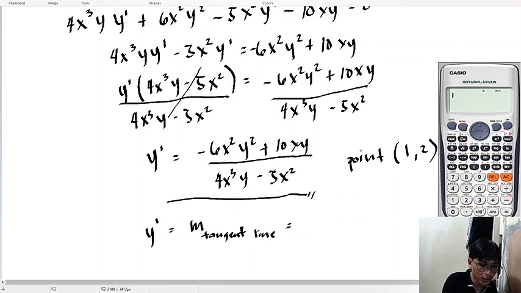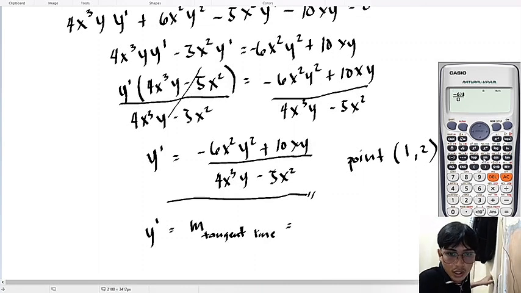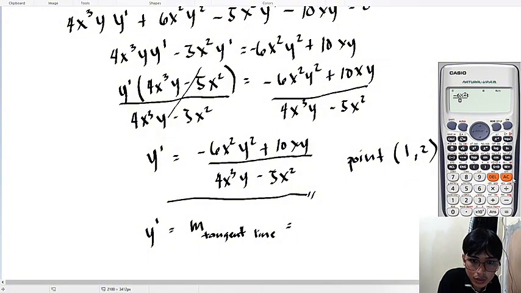We can also check this on the calculator. So negative 6. To avoid confusion, we can store values in x and y, so we don't have to re-enter the input. So negative 6 alpha x squared alpha y squared plus 10 alpha x alpha y all over 4 alpha x cubed alpha y minus 5 alpha x squared, then calculate with x which is 1 and y which is 2, and then equate, we get negative 4/3.